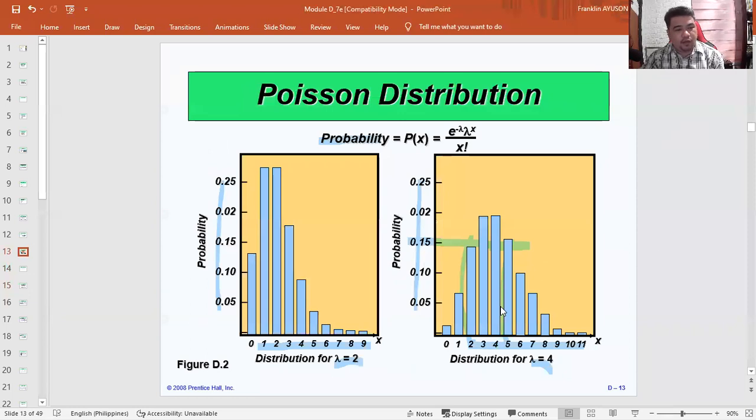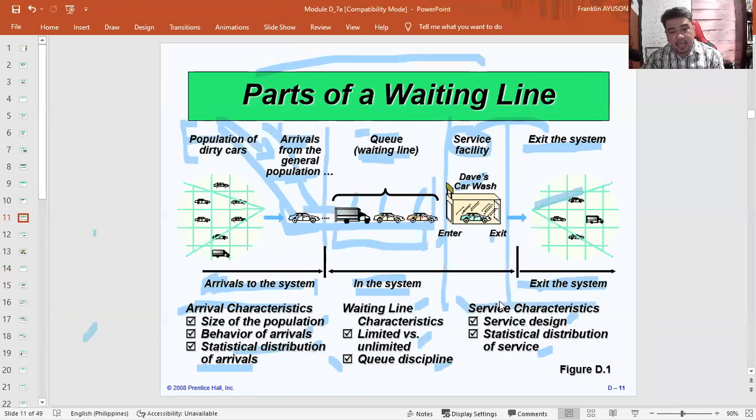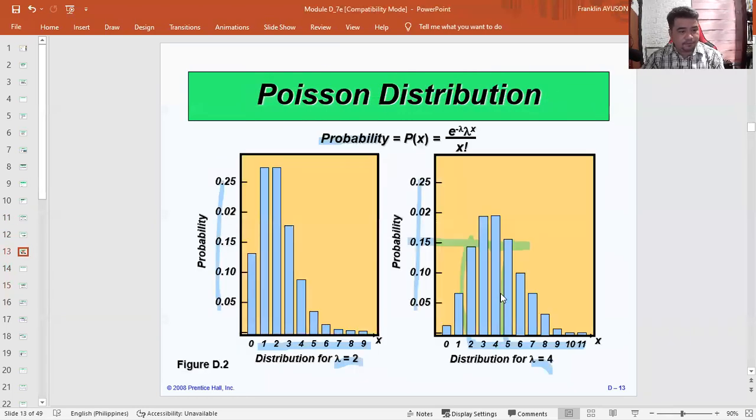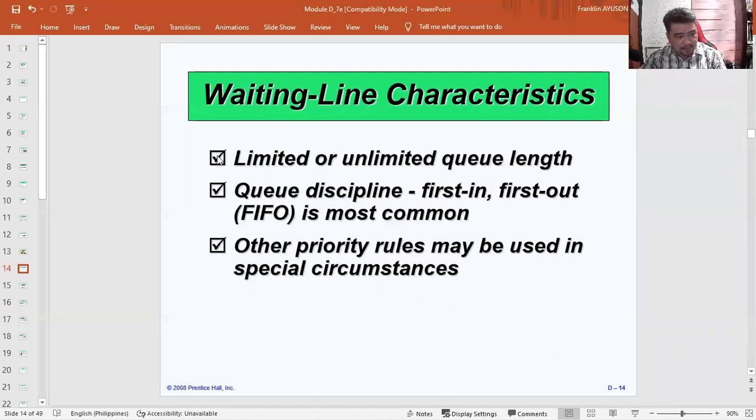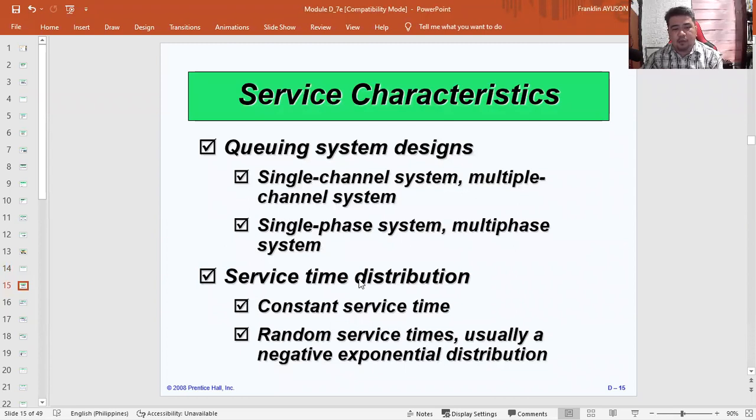So the arrival and waiting line each have characteristics; we discussed three for the waiting line: limited and unlimited, first in first out, and other priority in special circumstances. There is also what we call the service characteristic, and this is where the queuing system design comes in.